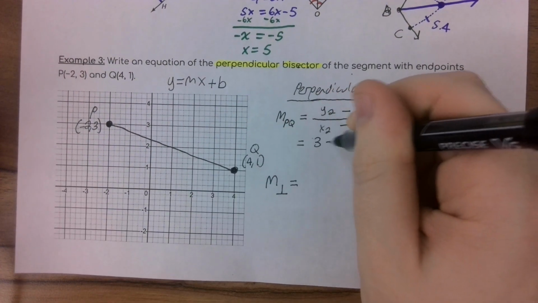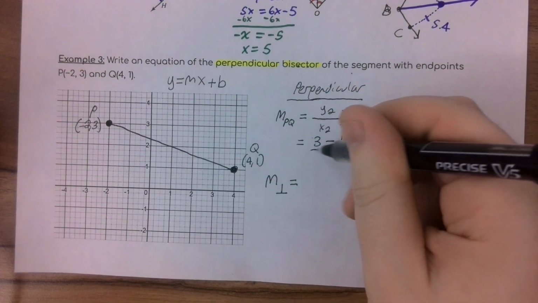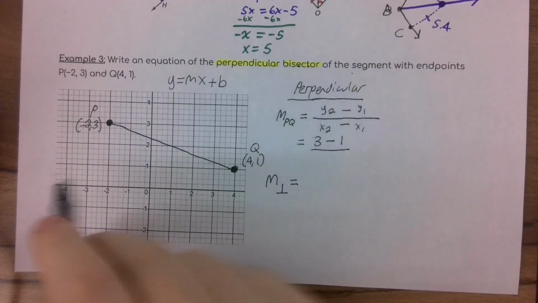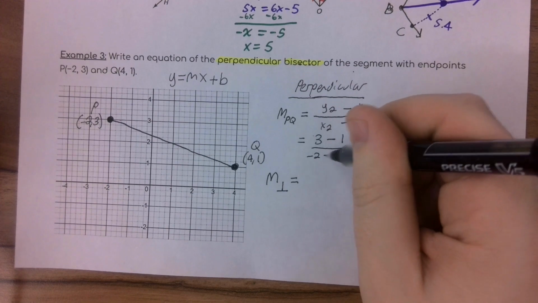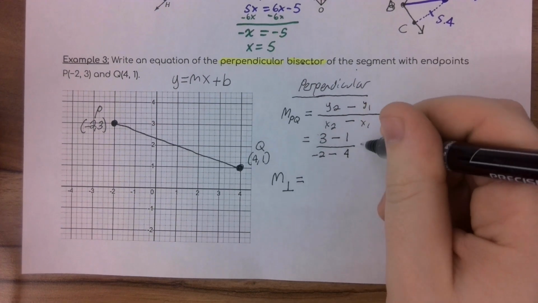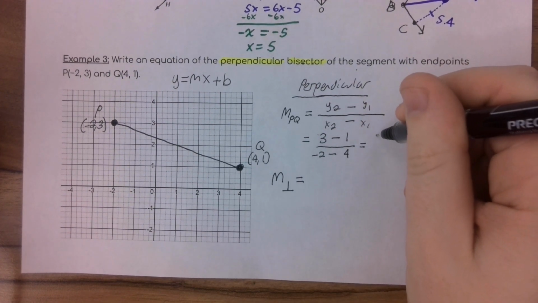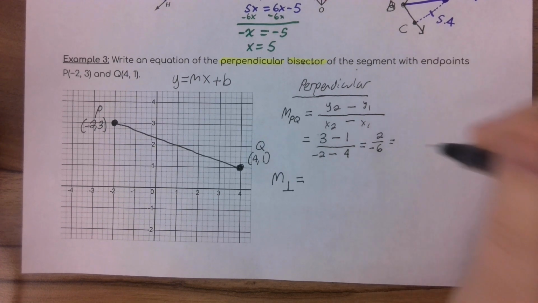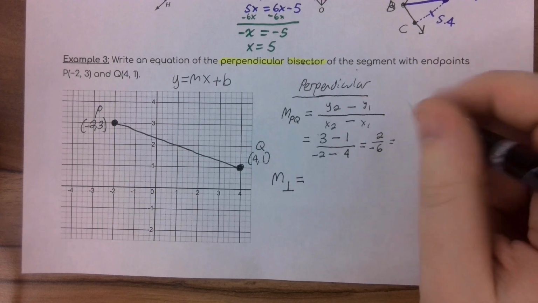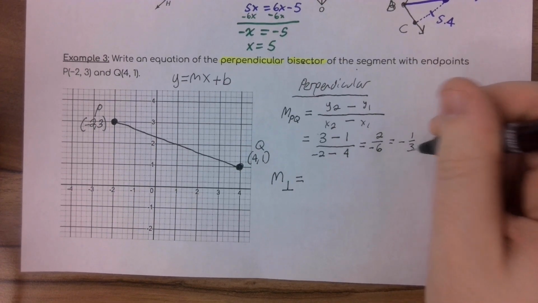That's going to be 3 minus 1. Those are our two y values. Got to go back to here for x2. x2 is negative 2 minus 4. That's going to give us 2 over negative 6. If this simplifies, we get negative 1 over 3.